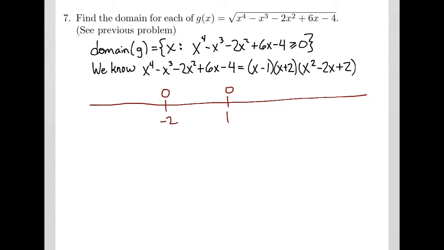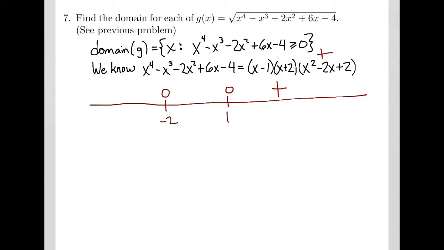So for example, if I pick a number greater than 1, like 2, this factor will be positive, the second factor will be positive, and this third factor, the quadratic, if I pick 2, I get 4 minus 4 is 0 plus 2, that's positive. So I get 3 positive values. Well, because this quadratic doesn't have any real roots, this will always be a positive factor.